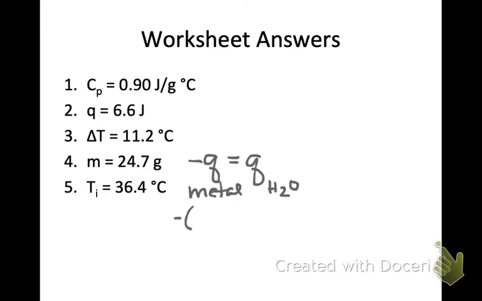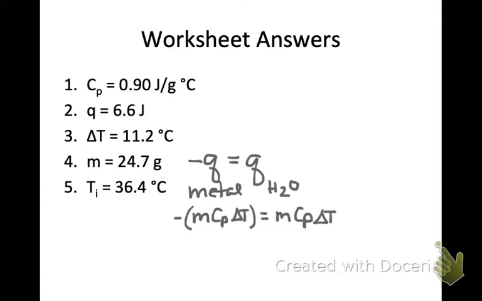So you would have negative mass C sub P delta T of the metal, and the water on this side you would have mass C sub P using C sub P of the water on that side. So the mass of the metal was 24.7 grams. So that's how you had to set that one up, plug in the numbers, everything that you know.